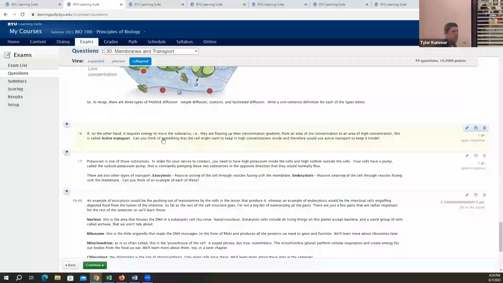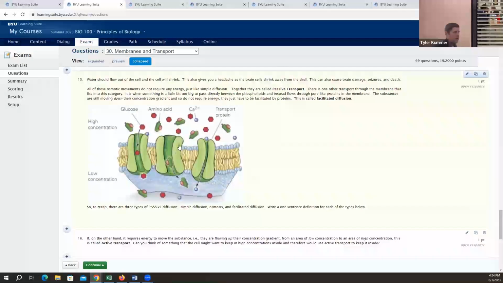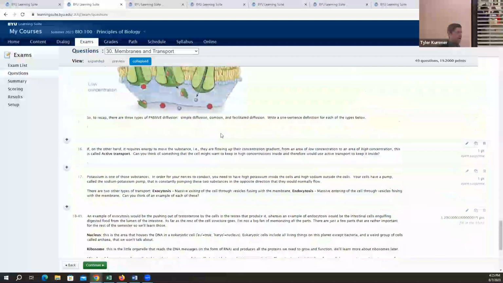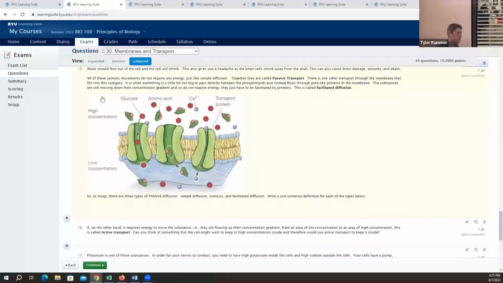And that typically is going to require a protein very similar to these channel proteins of passive transport. There's going to be proteins embedded in the cell, taking that molecule and forcing it to the higher concentrations. Rather than letting it go through high to low, it's going to force it across. And that's going to require the input of cellular energy.